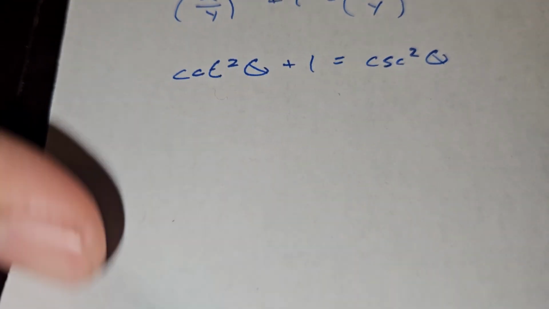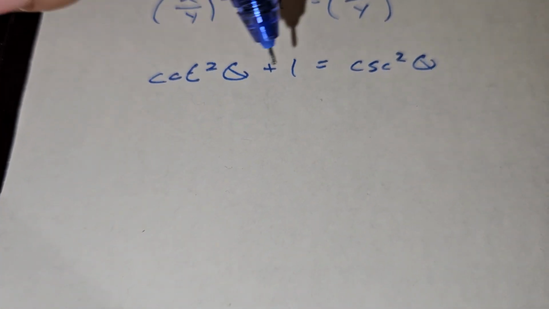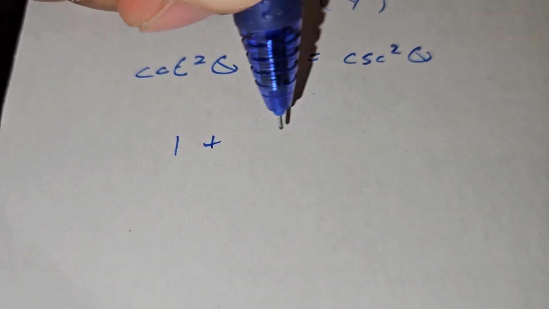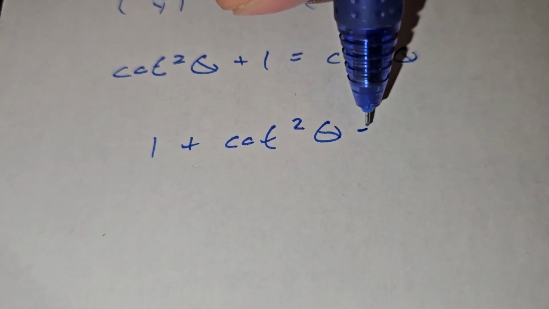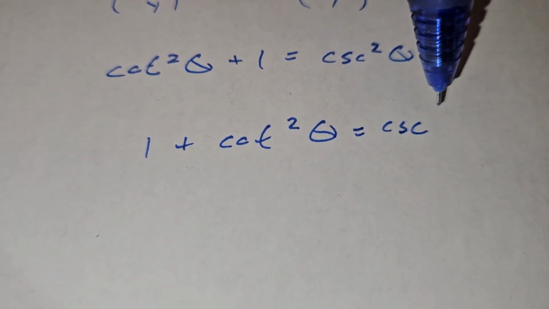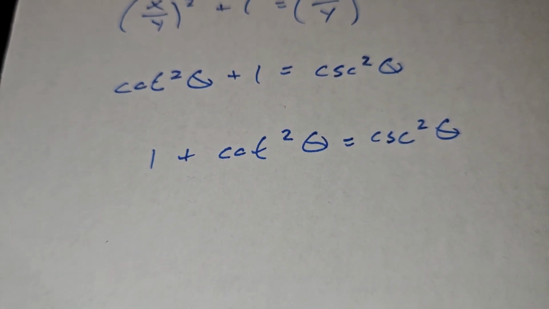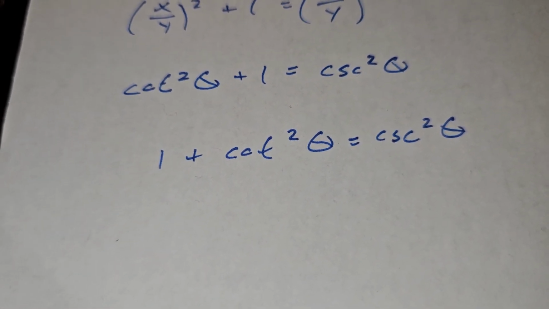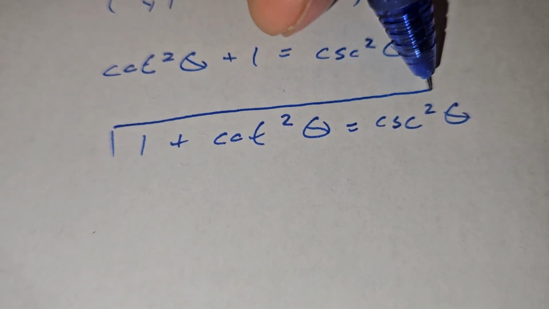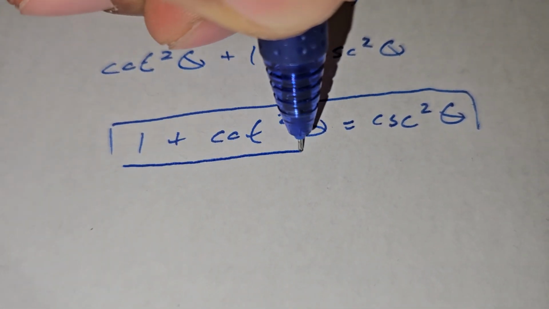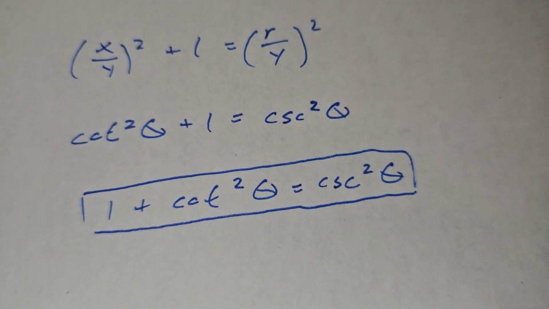So you might see it as 1 plus cotangent squared theta is equal to cosecant squared theta. This is another trig identity that you can see in your trig class, and you're going to be using it to do some computations.